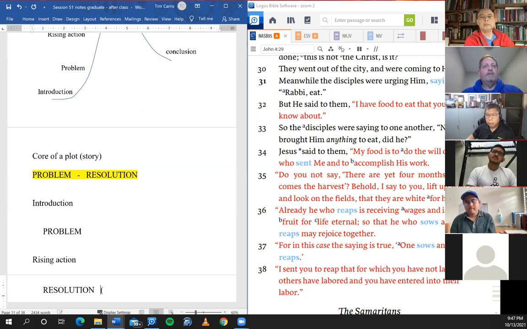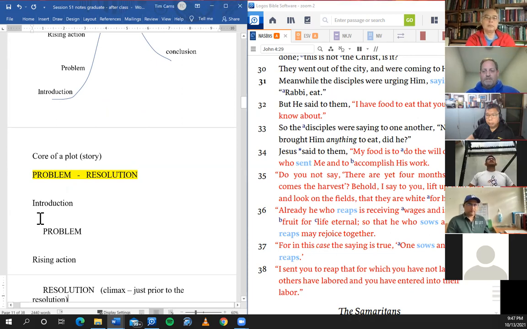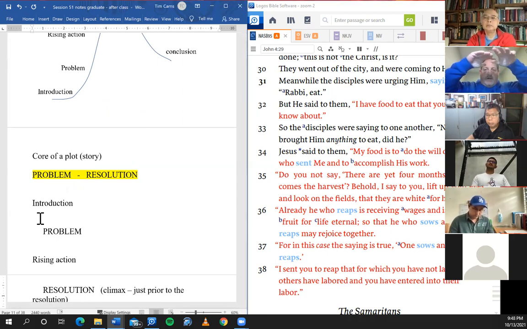Some might break that out so there's the climax, just prior to the resolution. You can think of it like going up a mountain: as you get to the top part of the mountain, things will start to resolve, but there is a peak.